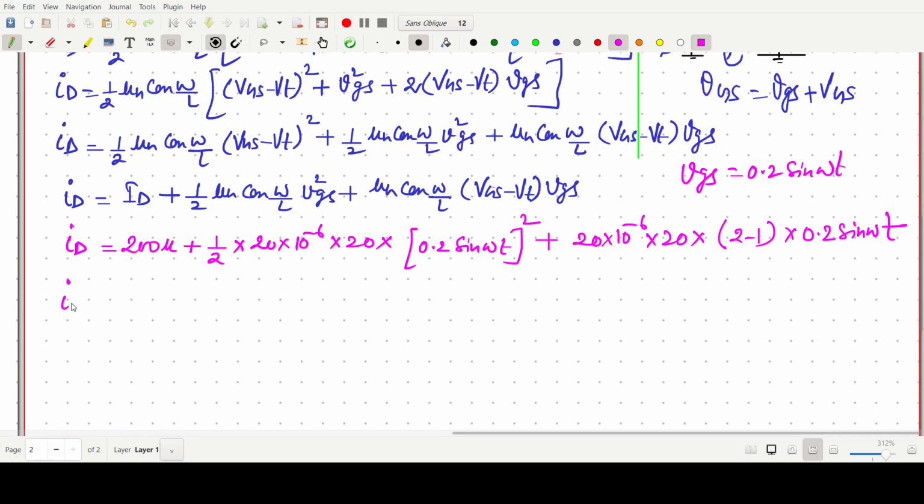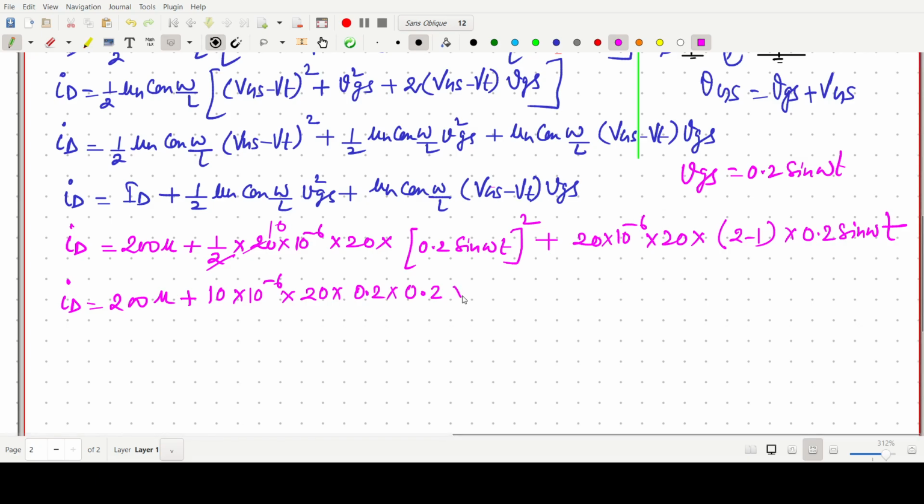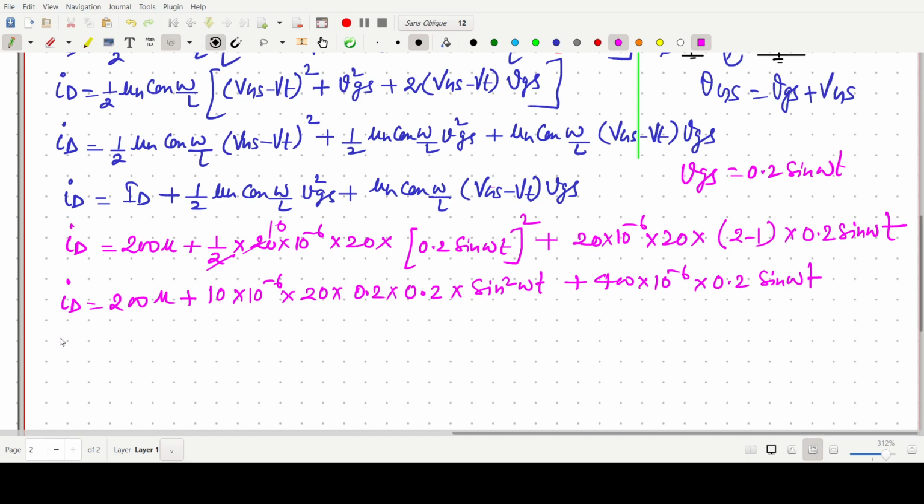So next again 200 micro, then 20, 0.2 into 0.2 into sine square omega t. Then 2 minus 1, then it should be 400 into 10 to the minus 6 into 0.2 sine omega t. Okay, go step by step because if I skip some point there will be a mistake.